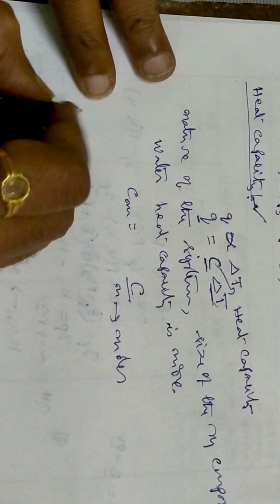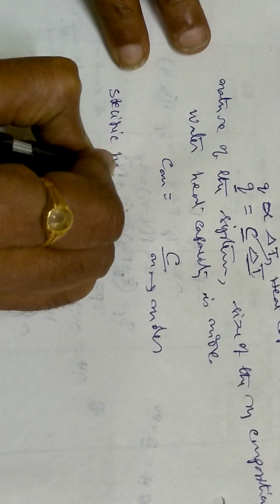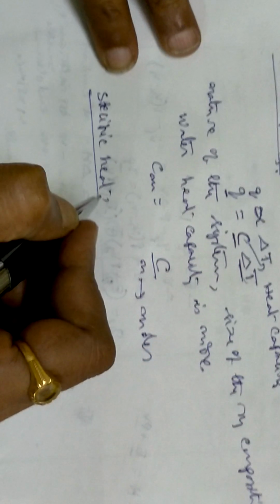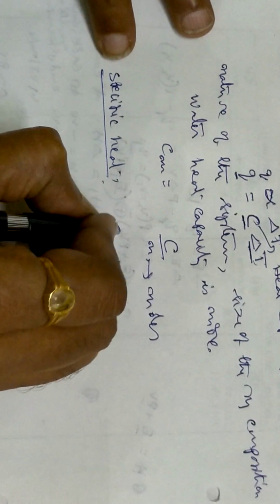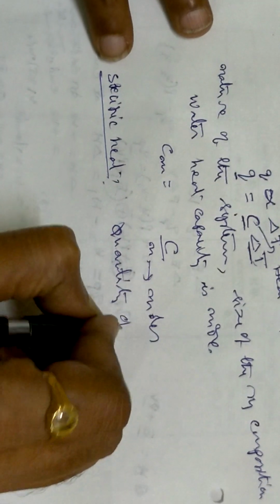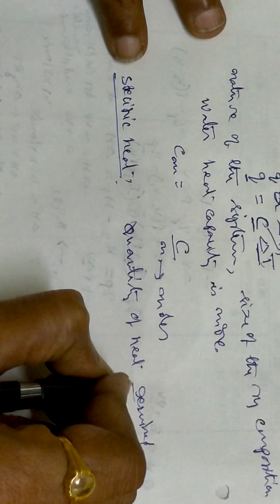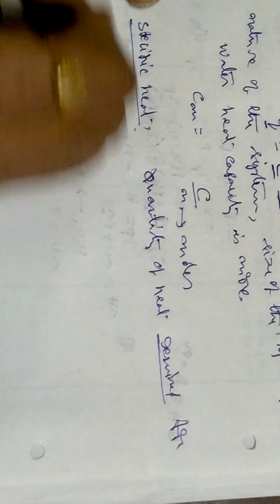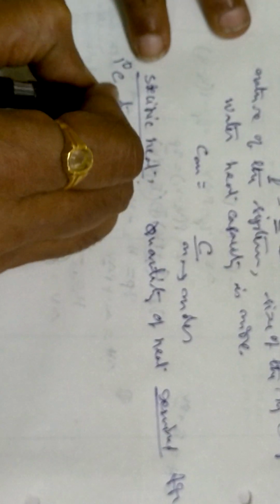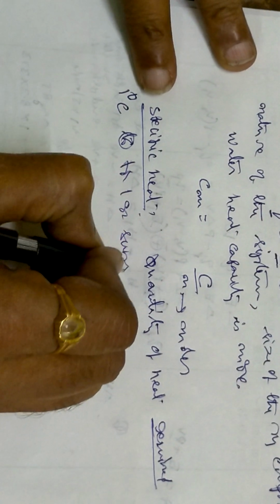One more term is the specific heat. It is the same as the heat capacity, but there is a small change. That is the quantity of heat required, listen carefully, for a 1 degree raise for 1 gram of substance.